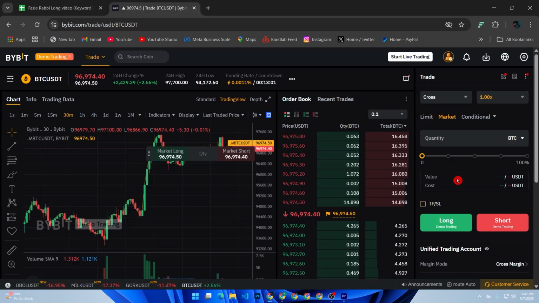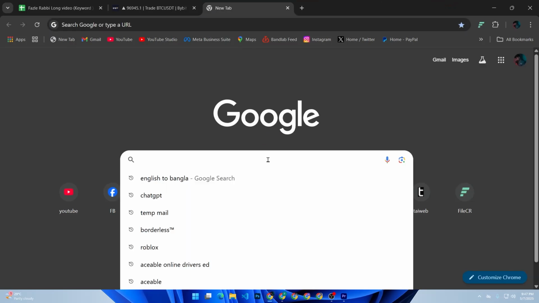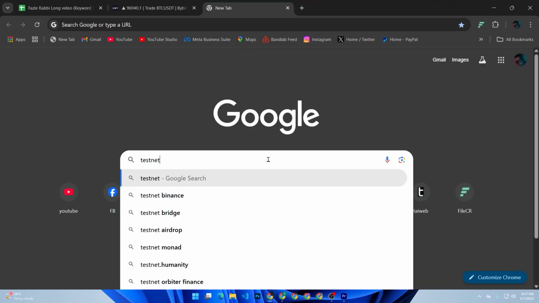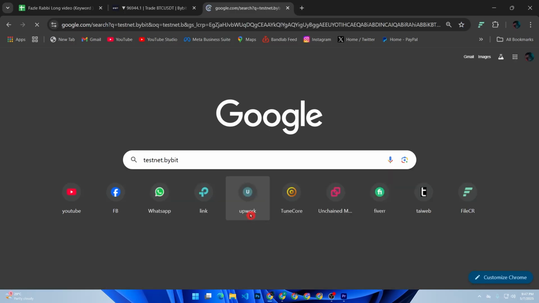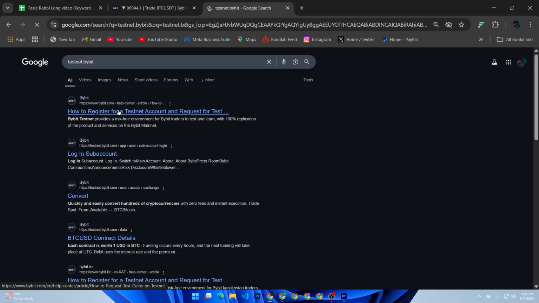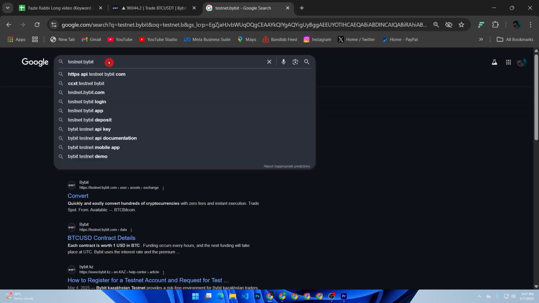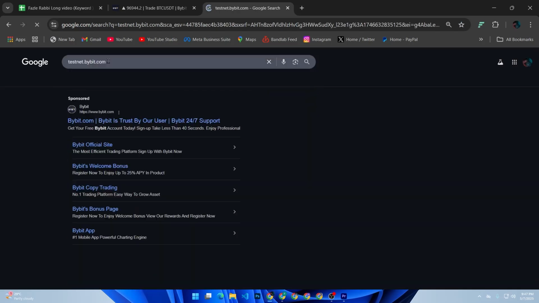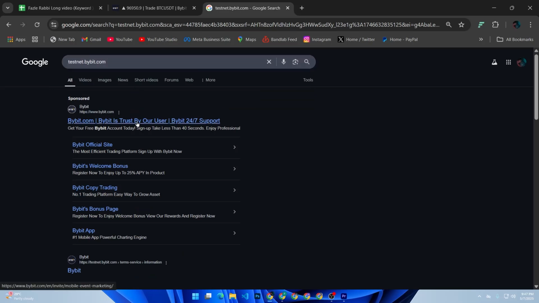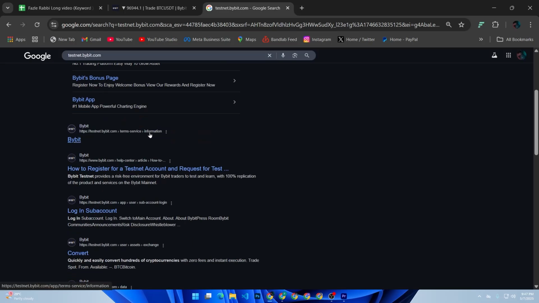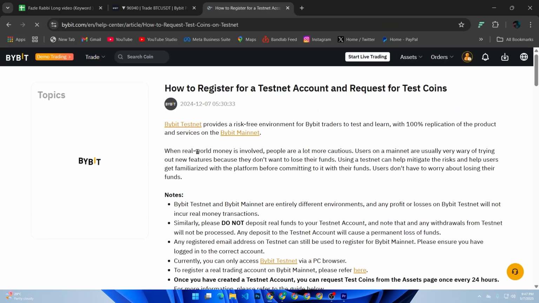Here are some essential tips for beginners. Start with testnet. Practice trading on testnet.bybit.com. Register for a testnet account.